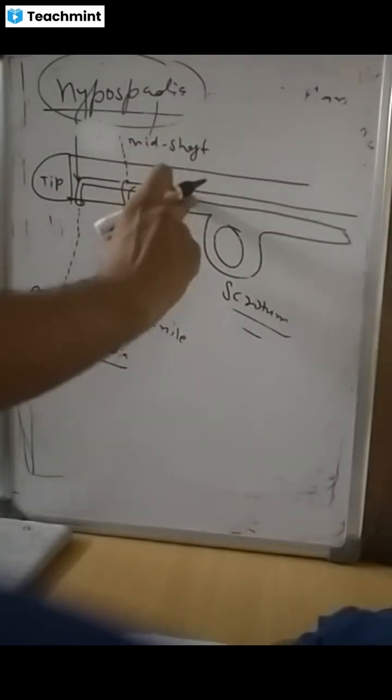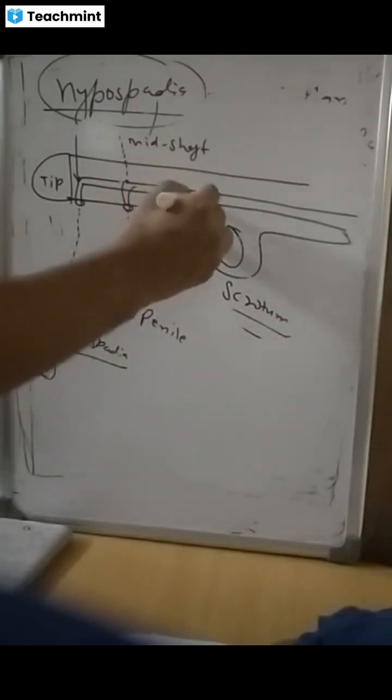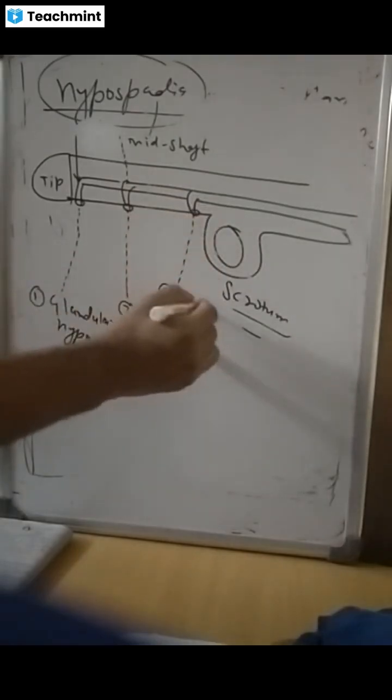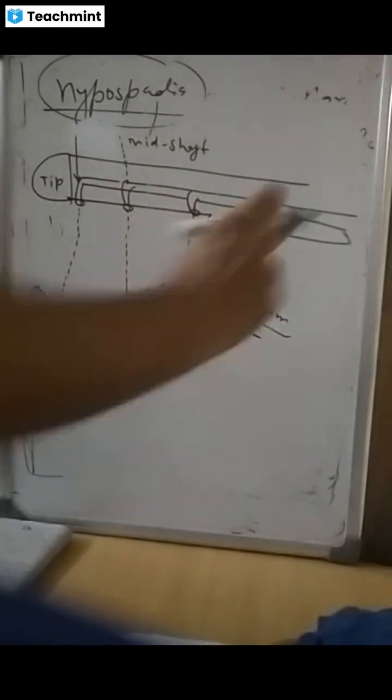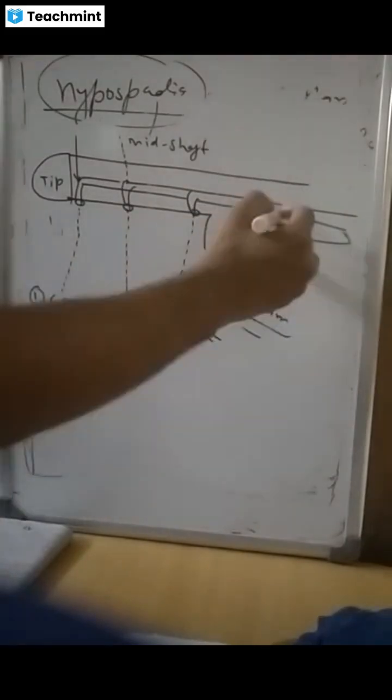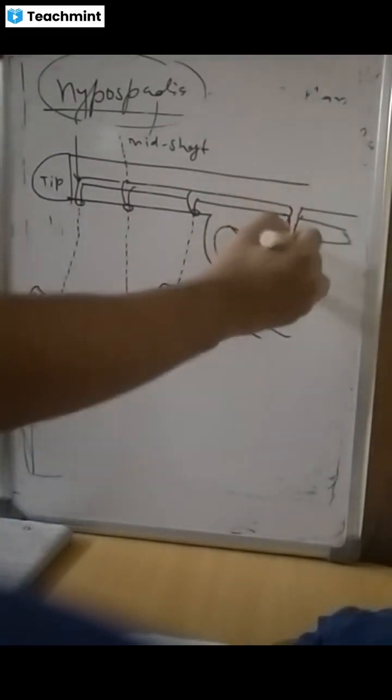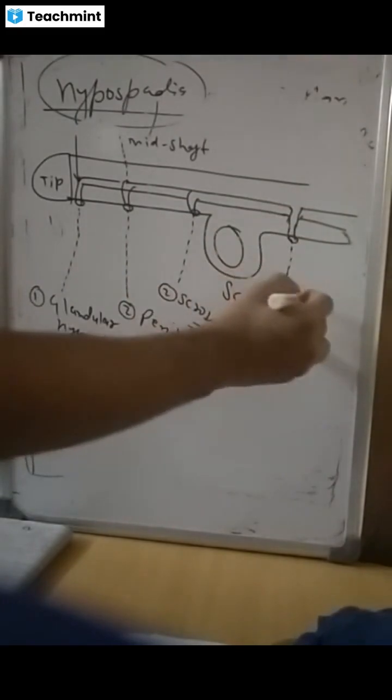If near the scrotum, here, it is scrotal hypospadias. If it opens at this point and urine comes out, it is called perineal.